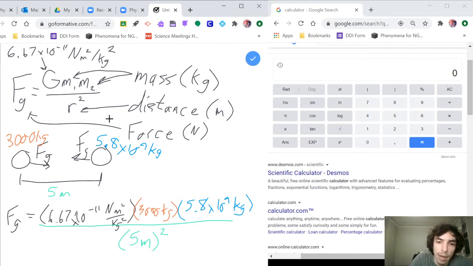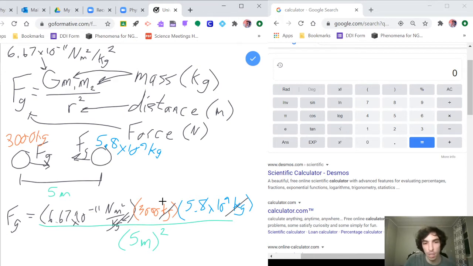So right now we have kilograms canceling out one of these kilograms in the denominator, and then the other kilograms canceling out the full kilogram squared, right? We have kilograms squared in the denominator of this unit here, so that's getting canceled out by multiplying by kilograms times kilograms for each of these masses.